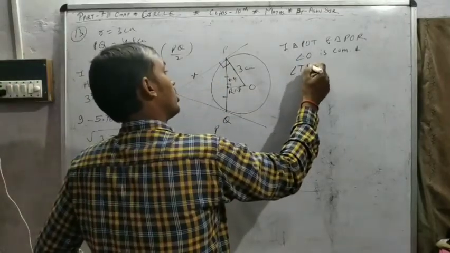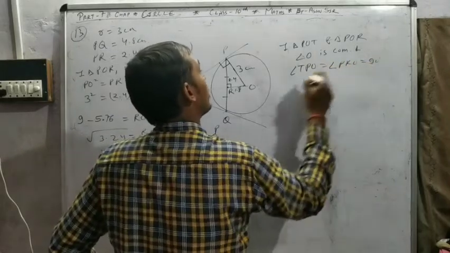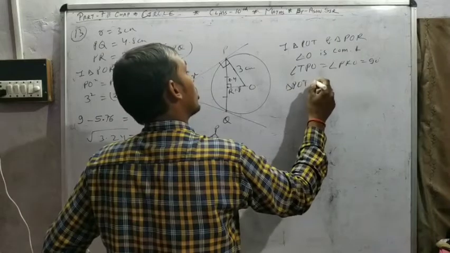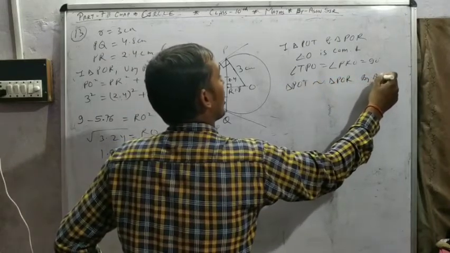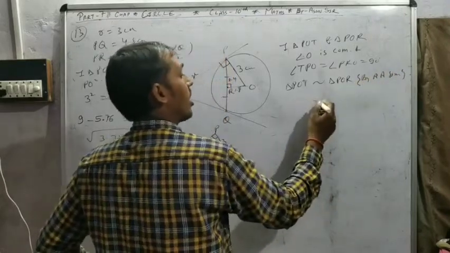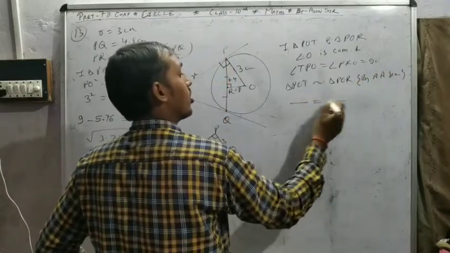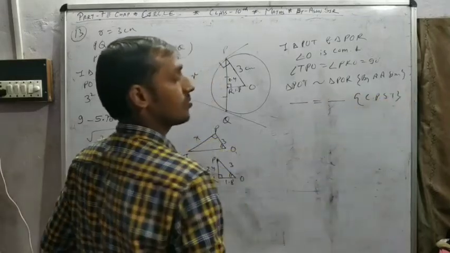Angle TPO is equal to angle PRO, each 90. So triangle POT is similar to triangle POR by AA similarity. When triangles are similar, all corresponding side ratios are equal by CPCT.